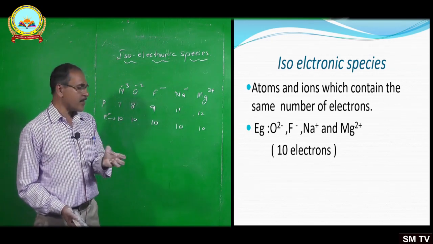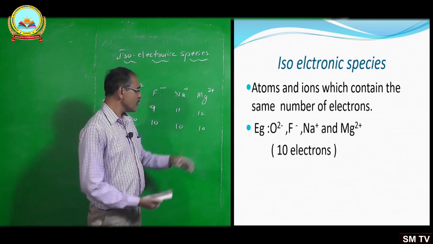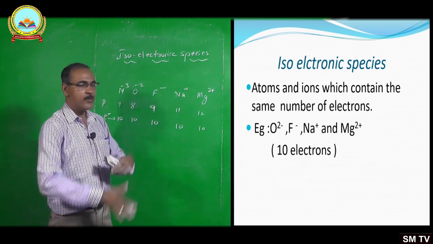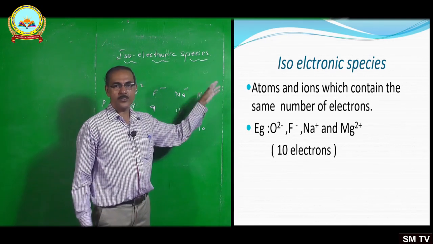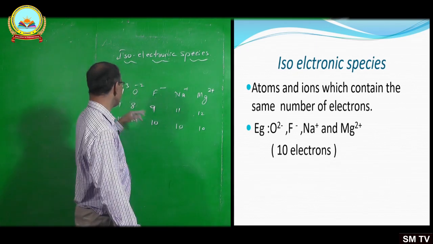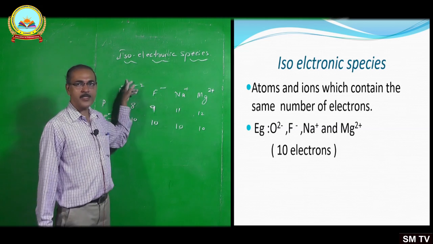Naturally, the force of attraction will be greater here. So, the electron cloud comes nearer to the nucleus, thereby Mg2 plus has a smaller size compared to the size of N minus 3.